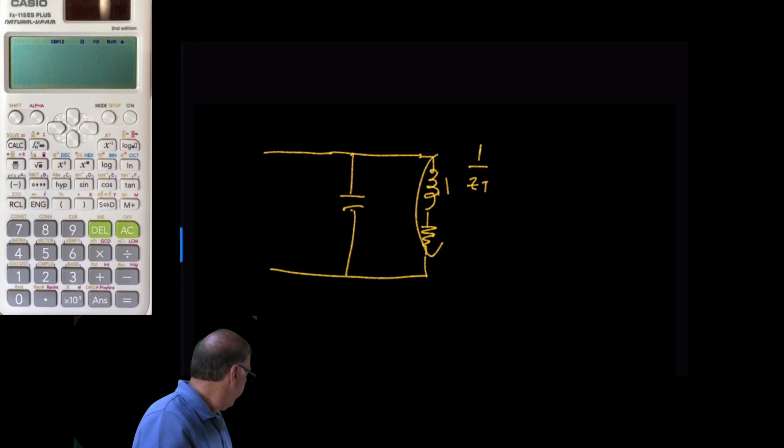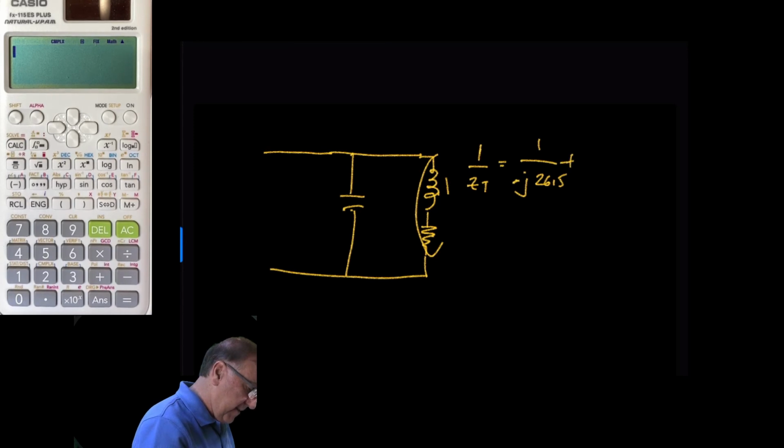Again, this is step 3, equal to 1 over j26.5, which is the capacitor impedance, minus j, plus 1 over, and here's our resistor of 56 ohms in series with the inductor, which is j17.7.